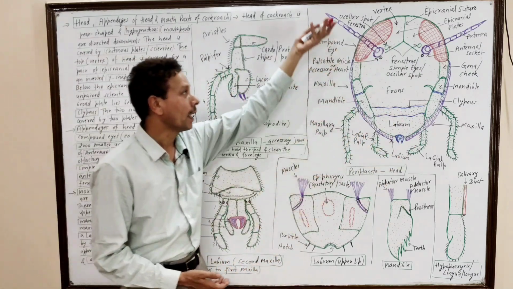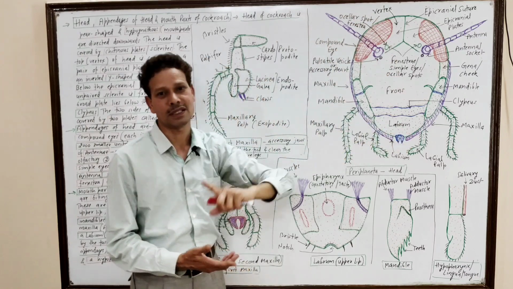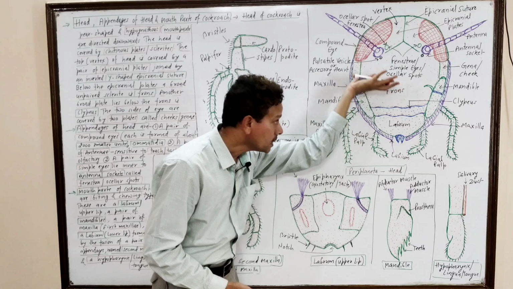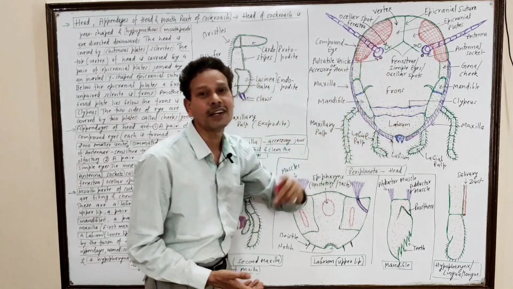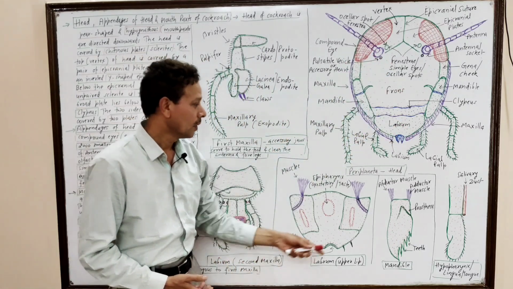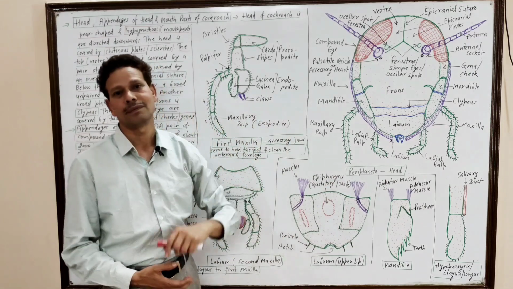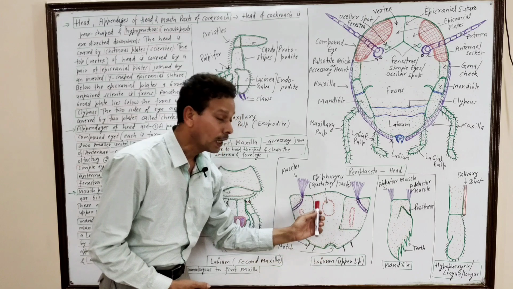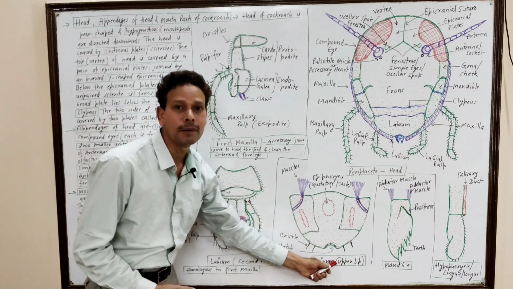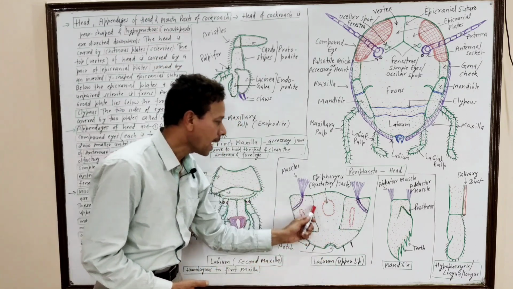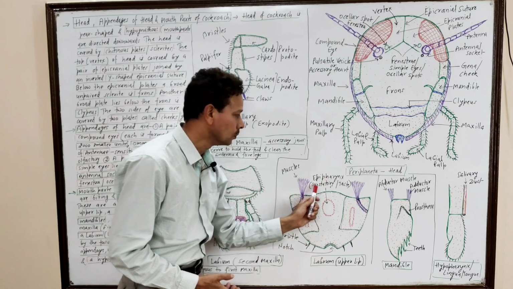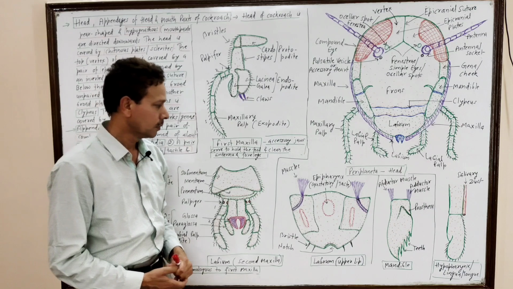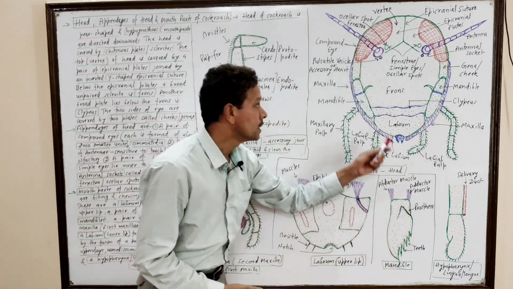Note down, the head is hypognathous, and hypognathous means its mouth parts are directed downwards. And the mouth parts of cockroach are: one labrum, it is upper lip. It possesses epipharynx, which is sensitive to taste, gustatory in nature.